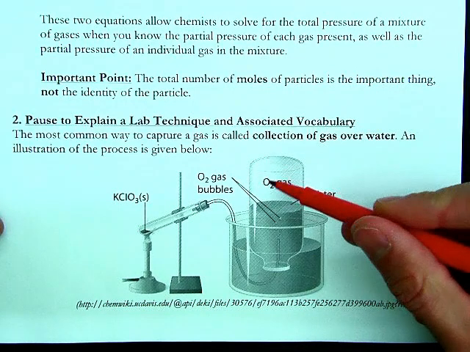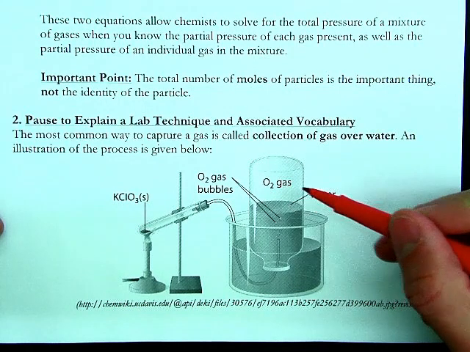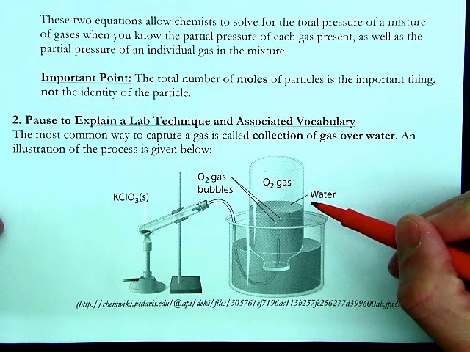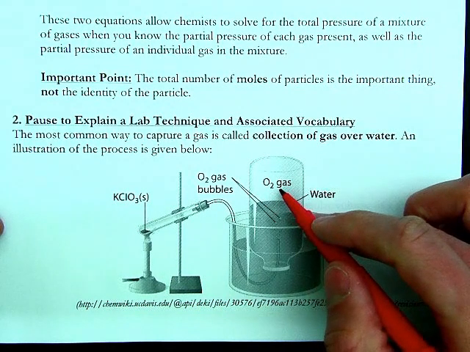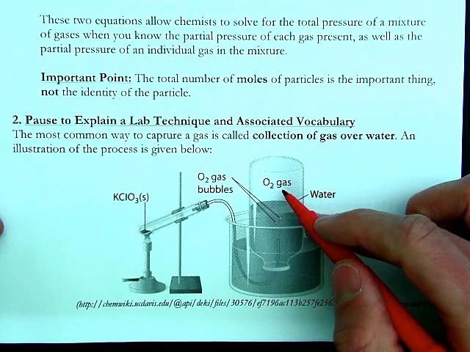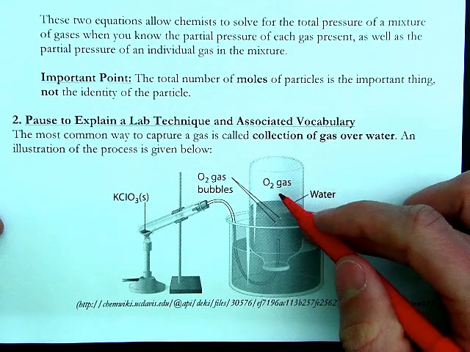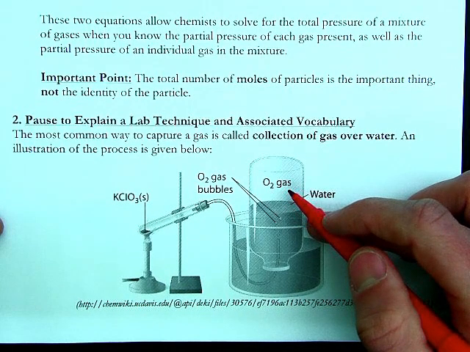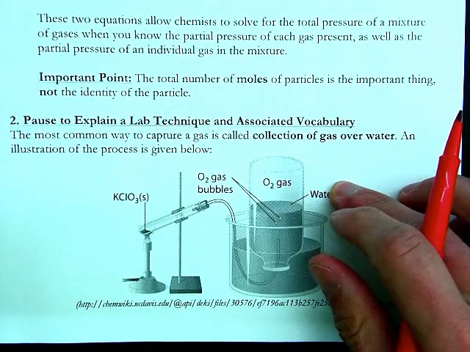The total pressure exerted by the gas inside this is the sum of the pressure given off by the oxygen and the water. The pressure given off by the water vapor is what's called the vapor pressure. If you're interested in studying the gas by itself, you regularly have to subtract the vapor pressure from the total pressure in order to get the pressure of what they call the dry gas, meaning the gas without the water vapor. Okay, so we're going to do some problems related to that and using actually the ideal gas law.